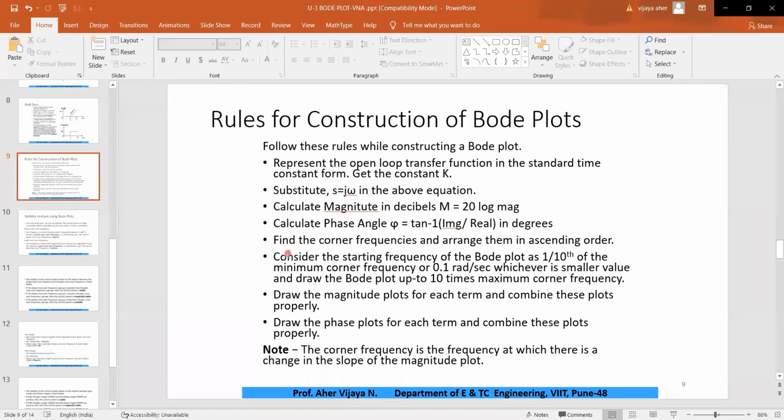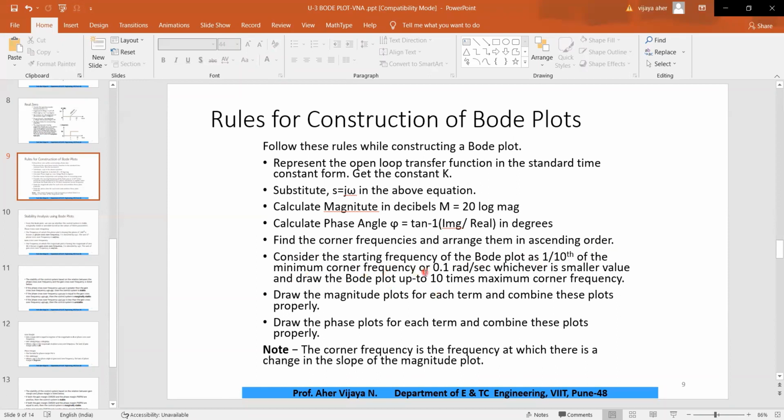Then you have to find the corner frequencies and arrange them in ascending order. Then consider the starting frequency of the Bode plot as 1/10 of the minimum corner frequency.